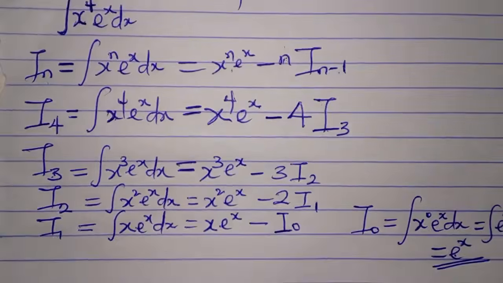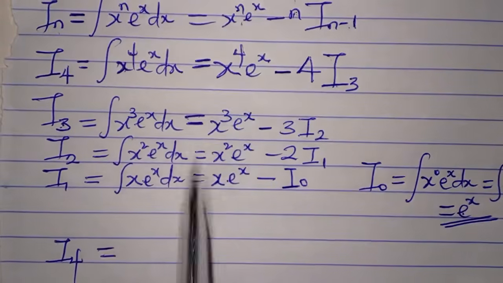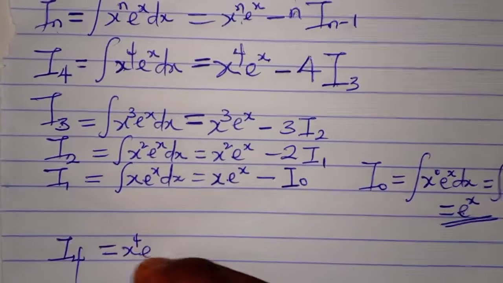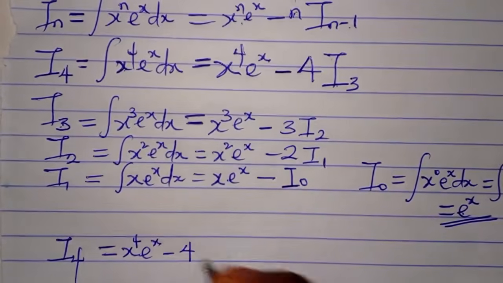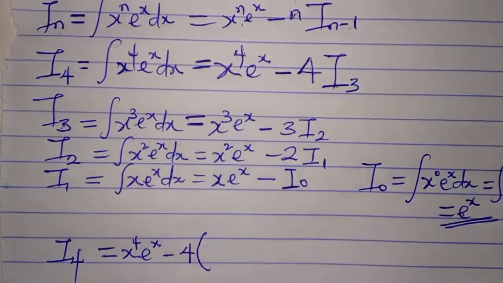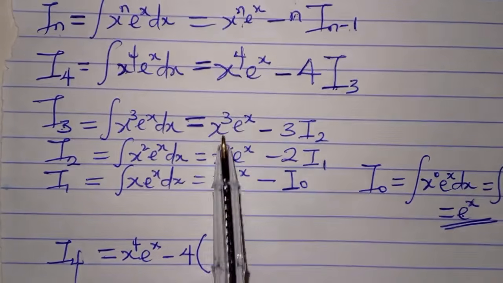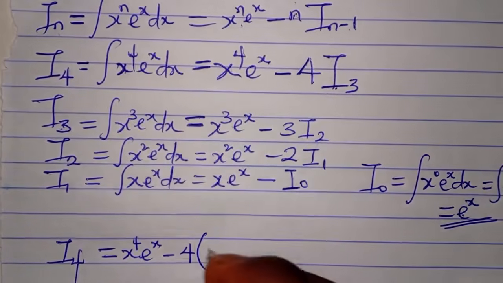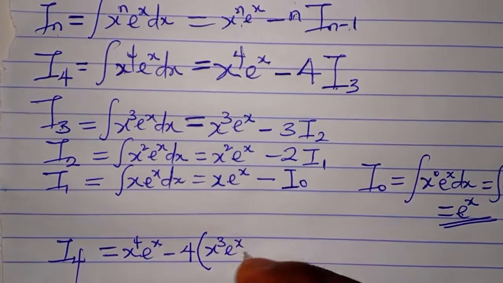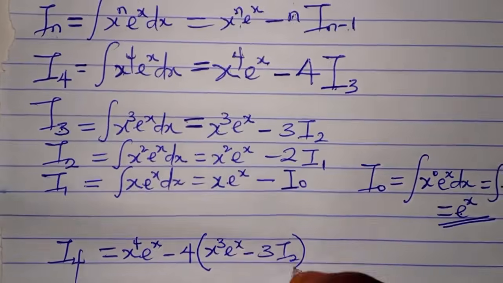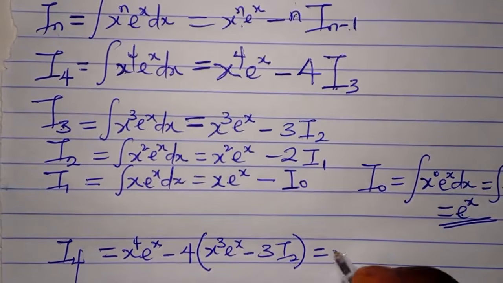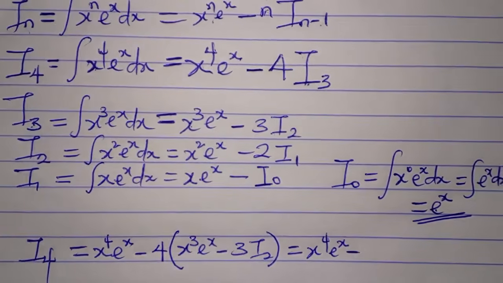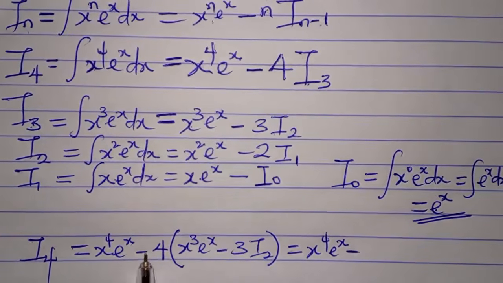So I4 is equal to x to the fourth e to the power of x minus 4, I want to open a bracket. What's I3? x cubed e to the x minus 3 I2. Let's expand. This is x to the fourth e to the power of x minus, let me use minus 4 to multiply this bracket.